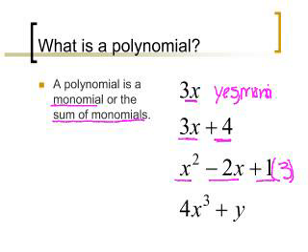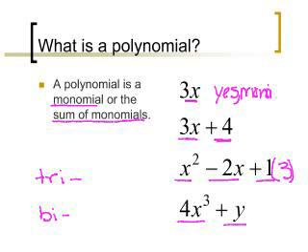And then the last one is another polynomial, but it's the sum of 2 separate terms. And so because it has 2 terms, then the prefix is bi, so it's a binomial. All right, so we have examples of monomials, binomials, and trinomials, but they are all considered polynomials. And then you can have polynomials with more than 3 terms also. We just don't have specific names for them.